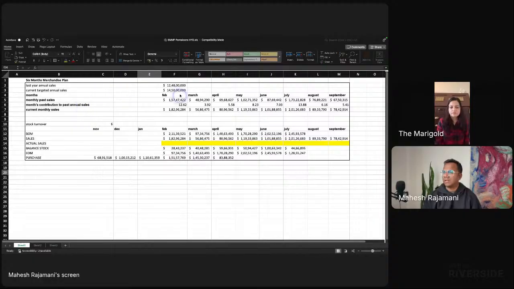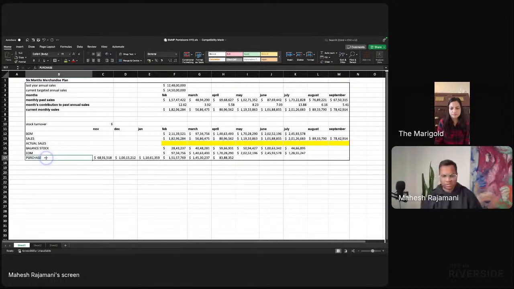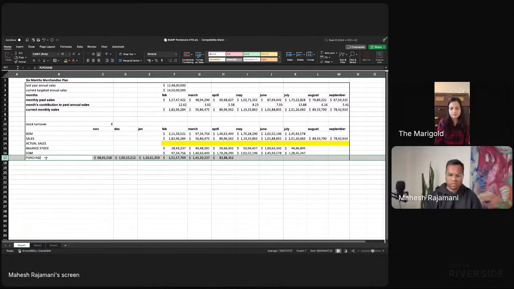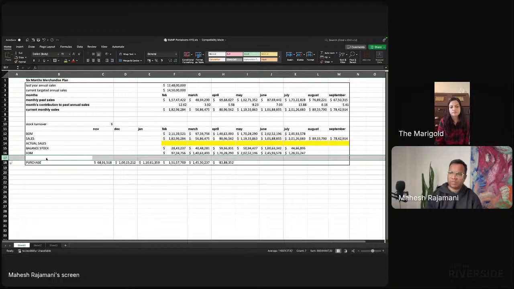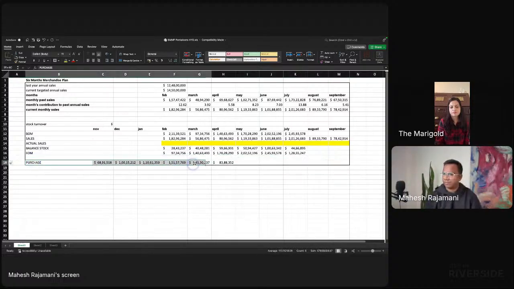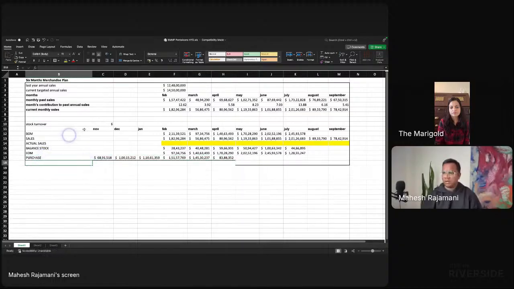Fine. So here, I have not done the open to buy as such. So this is a purchase. So I can make an additional cut and paste here, and then OTB should come basically.